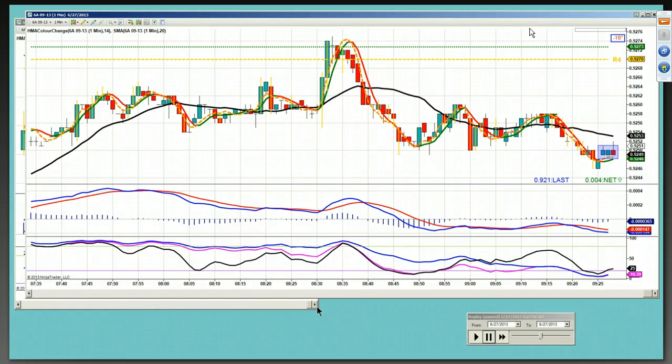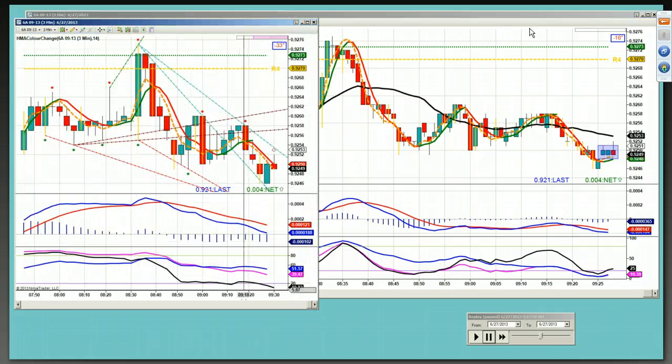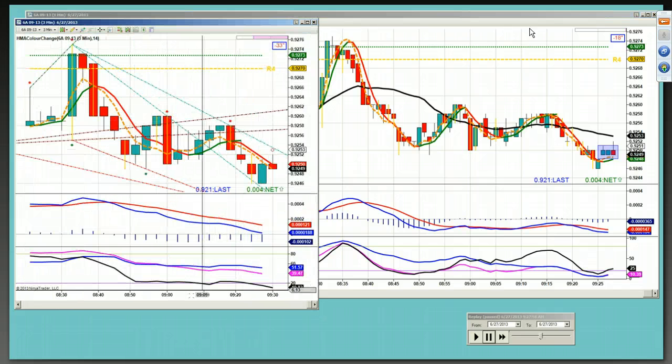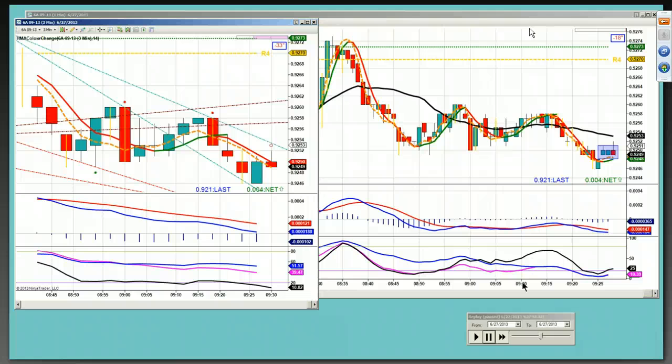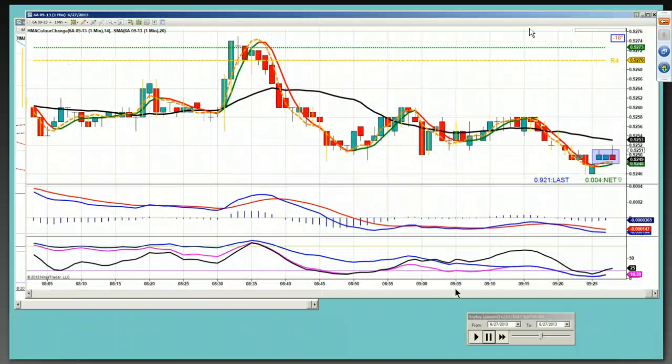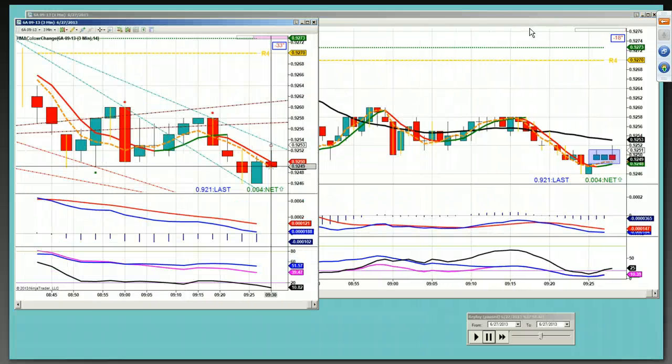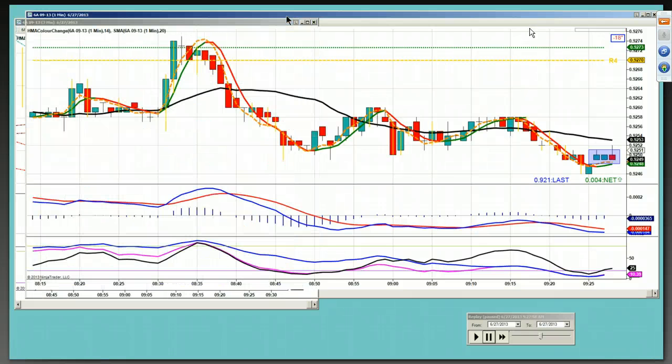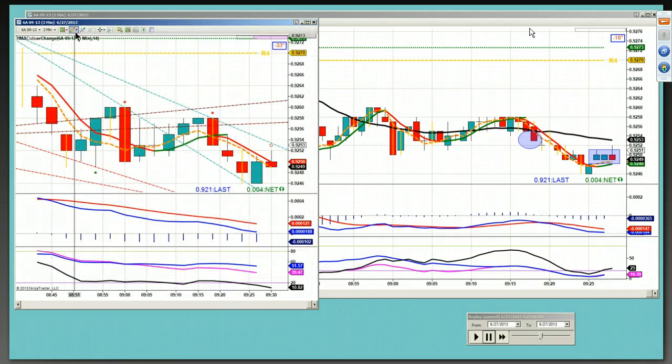But I look over here, and what do I see? Notice that my 3-minute chart is south of the HMA. So in this scenario, they're not in sync. On the prior move, this went south of the red HMA, and this was south of the red HMA.